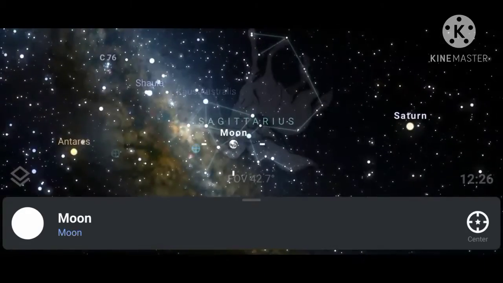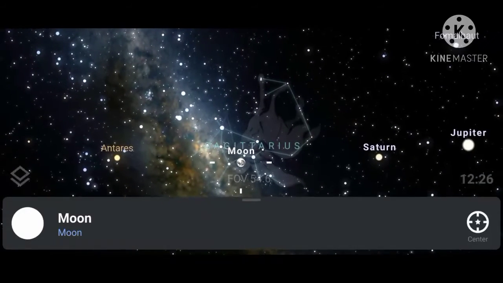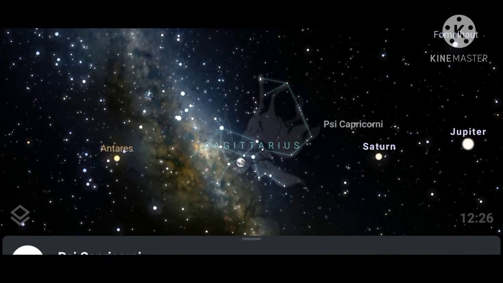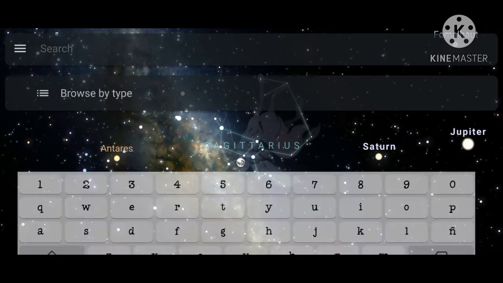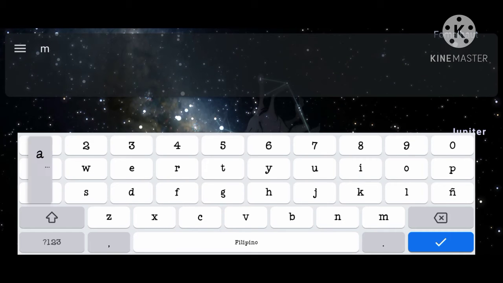So after discussing the third planet from the sun, which is Earth, and its only satellite, the Moon, we can now go to Mars, which is the fourth planet.